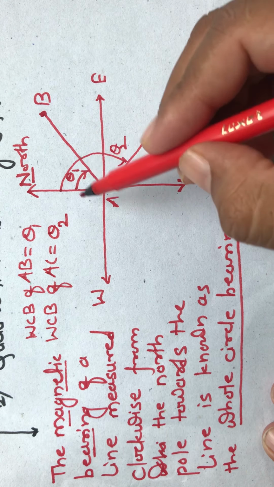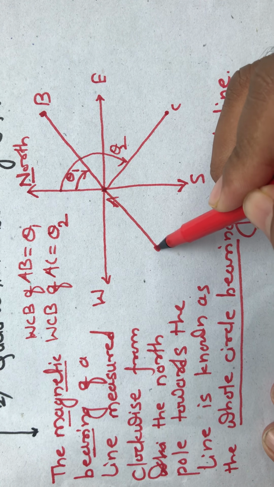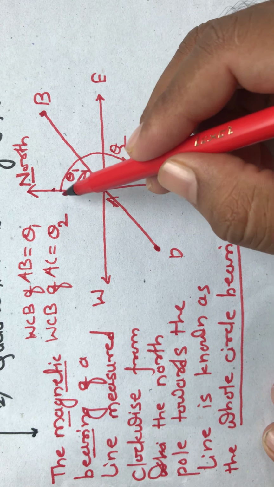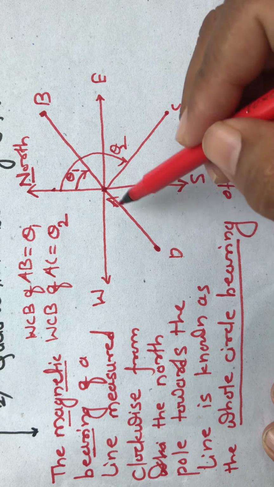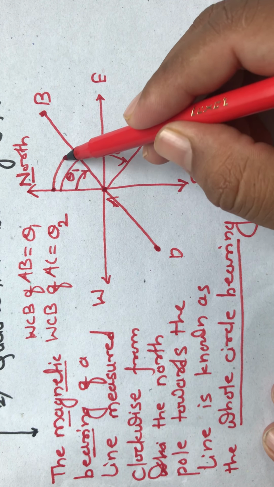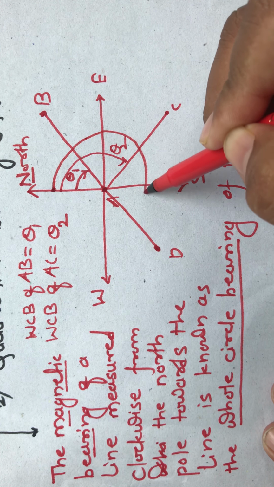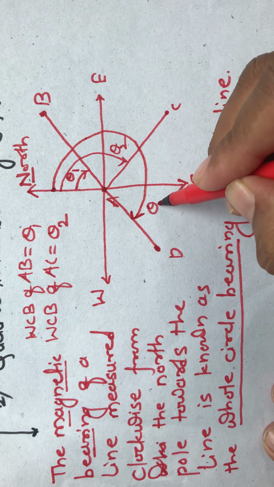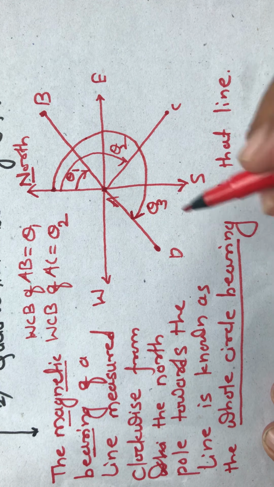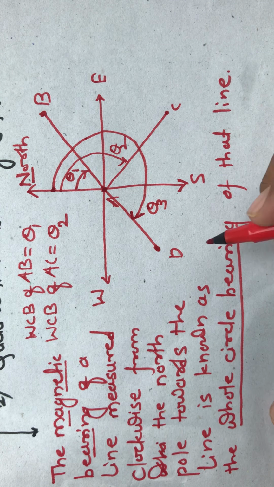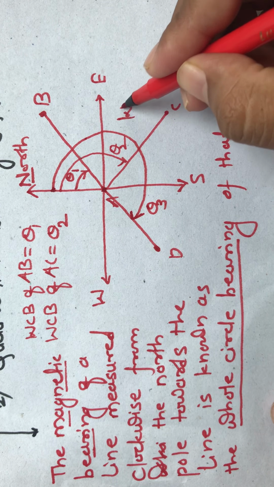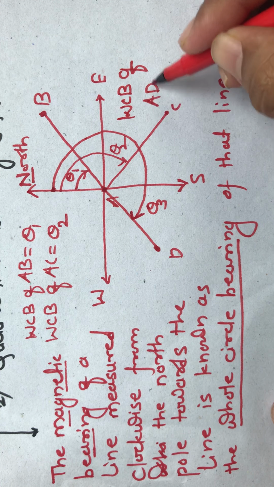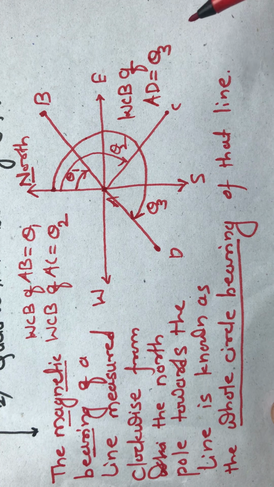Next, suppose we take AD. The magnetic bearing of this line, measured from the north towards the line in the clockwise direction, is the whole circle bearing of AD, which equals theta 3.